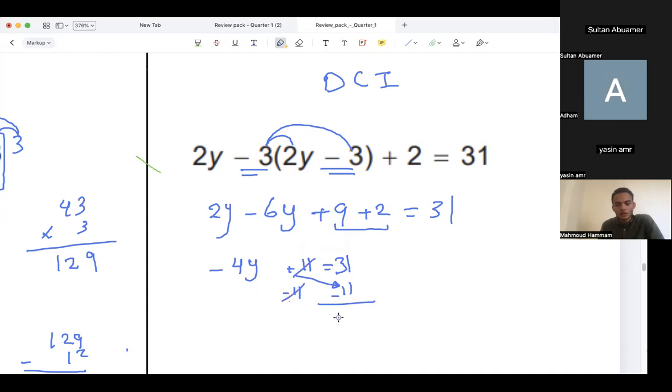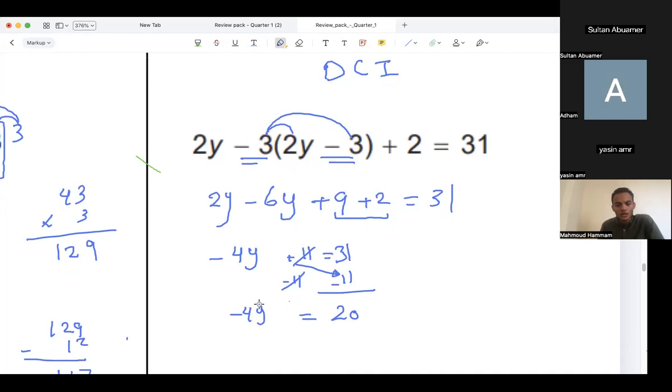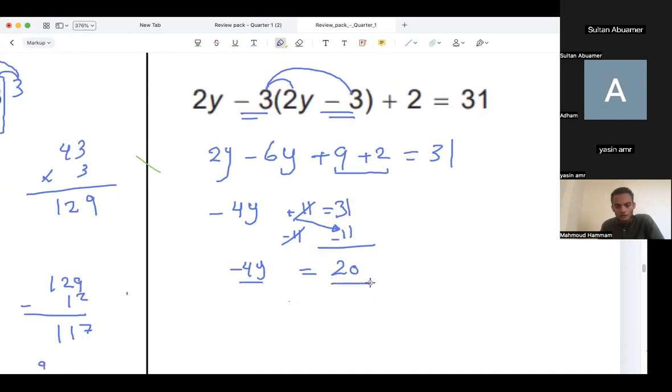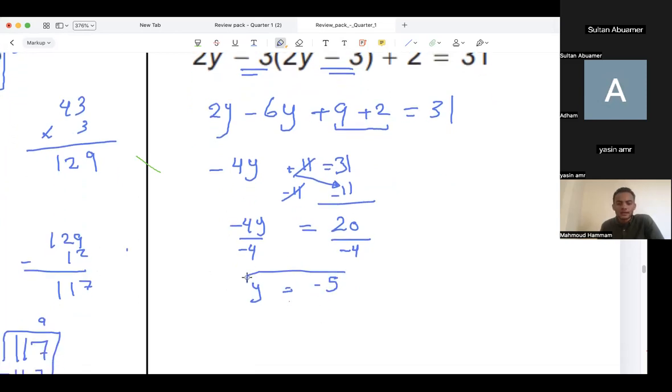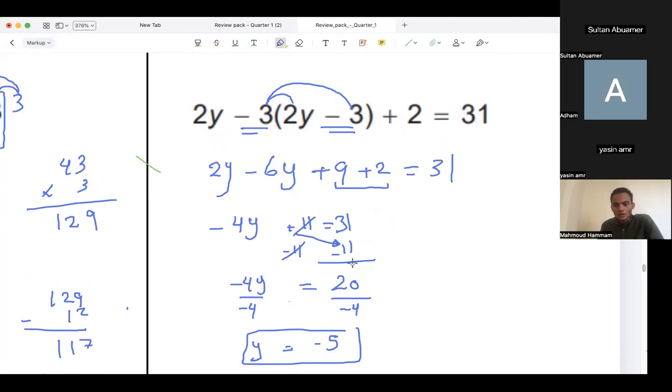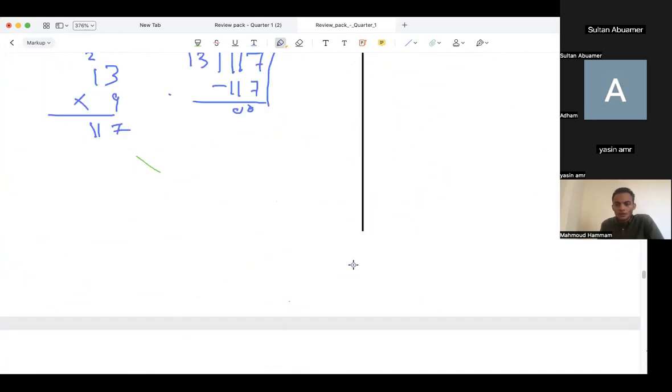Excellent. This is 20 equals negative 4y. Divide by negative 4. So y equals negative 5. Excellent, Yasin. Any questions? No. Right. Very good.